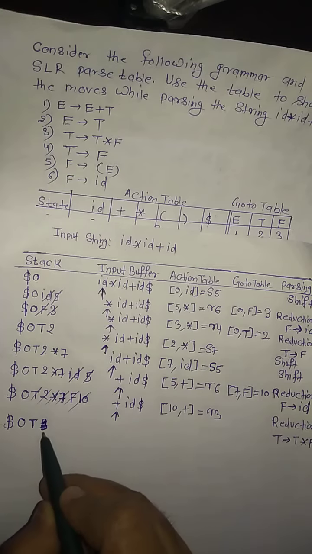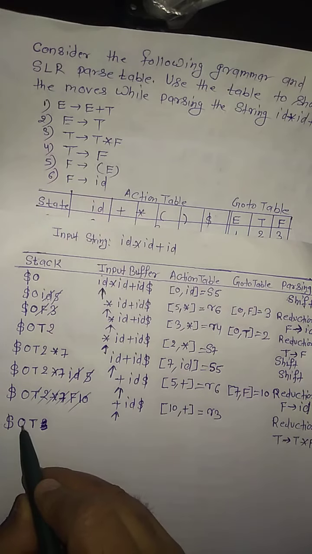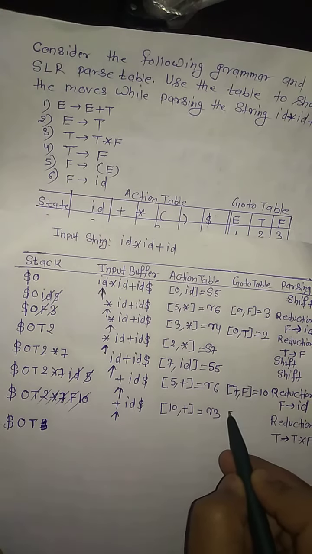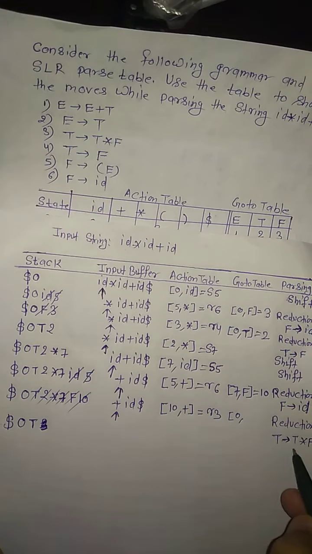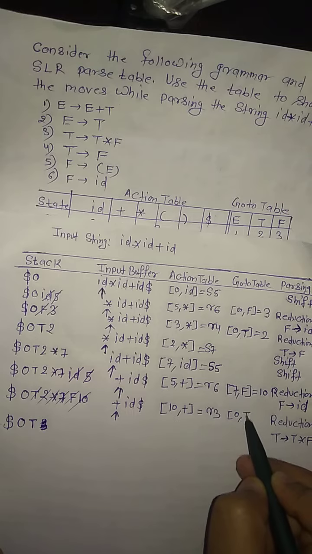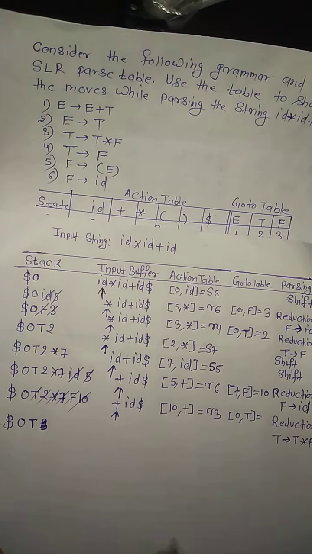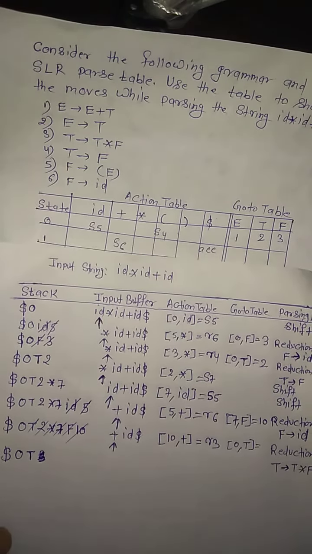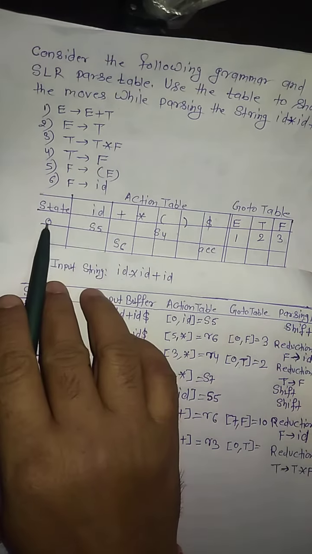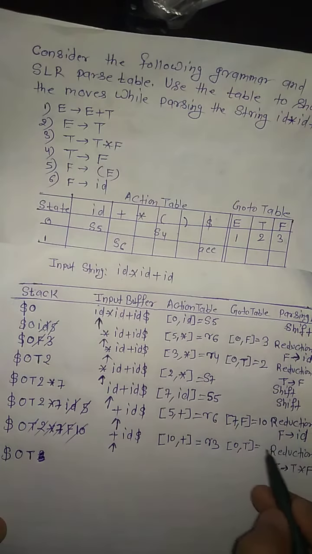Here we have top of the stack is 0. So now write here 0 comma, and what is the head of this production? T. So 0 comma T. Now you go to the parsing table, 0th row and T column we have 2.